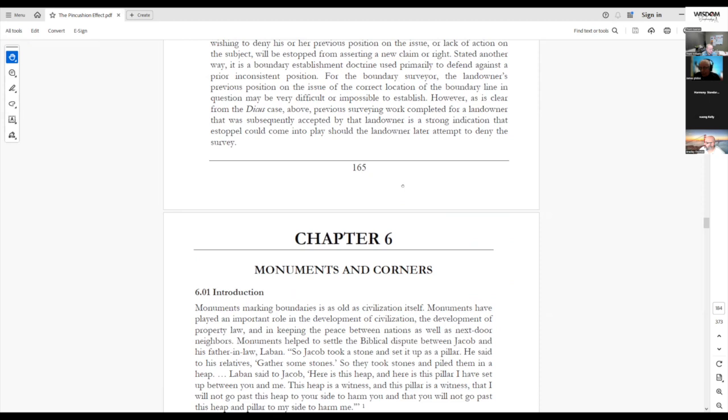Sometimes the courts will burden a landowner with knowing where his boundary's at. And when you don't speak up, then you may be forever silenced by the court. And the estoppel there becomes the boundary line effectively then.